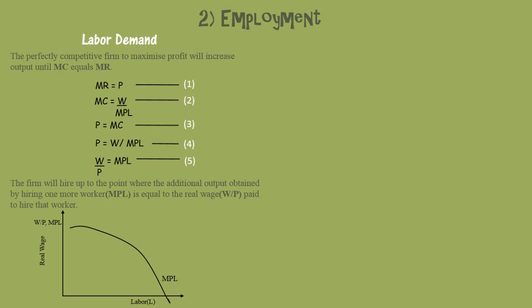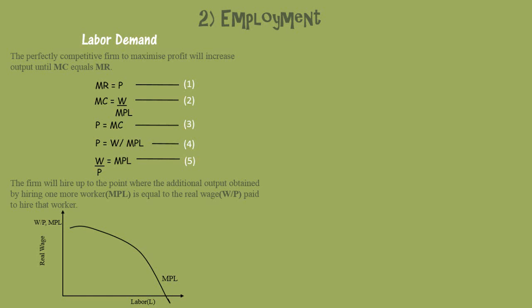And now my question is, how did we get this downward sloping demand curve? The answer is, as the real wage increases, the firms don't hire additional labor, because it is not profitable for the firm to hire labor, because as long as W by P is greater than MPL, the firm will demand less labor, and as long as W by P is less than MPL, it is profitable to hire more labor.